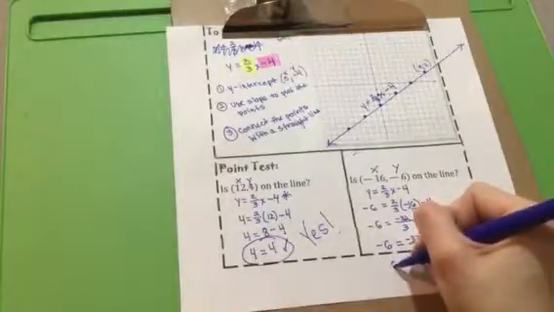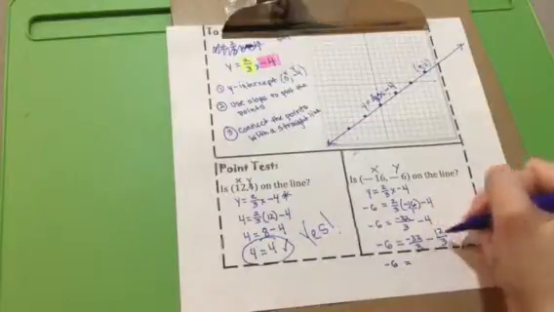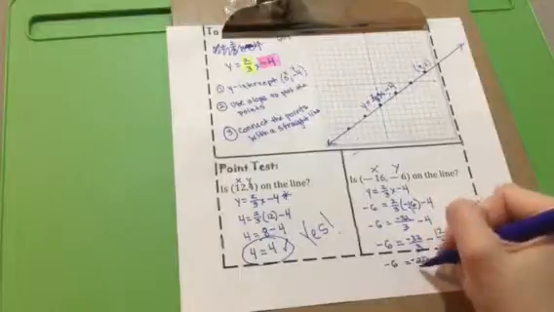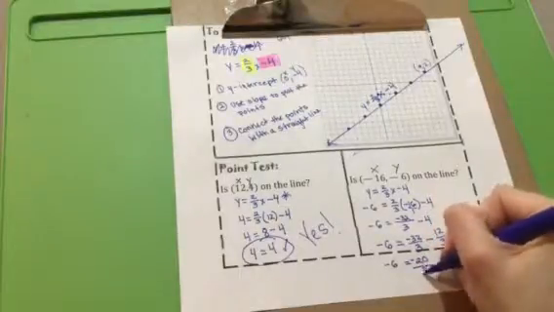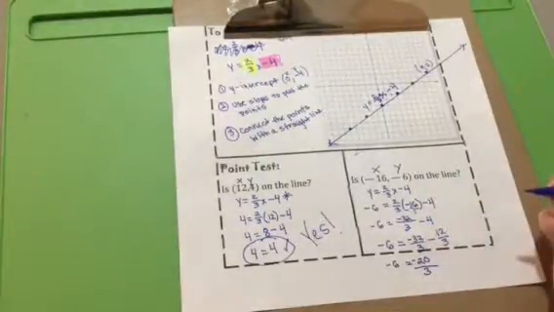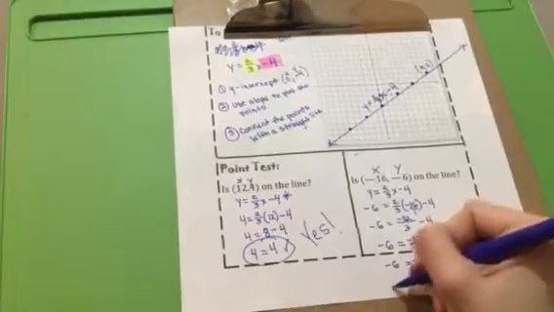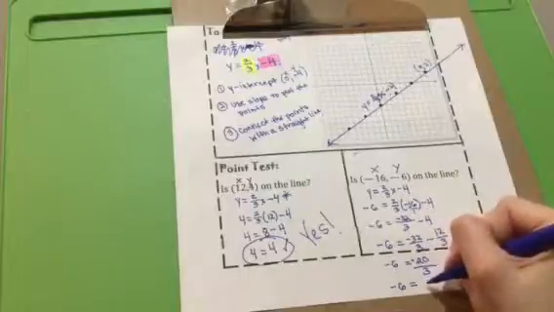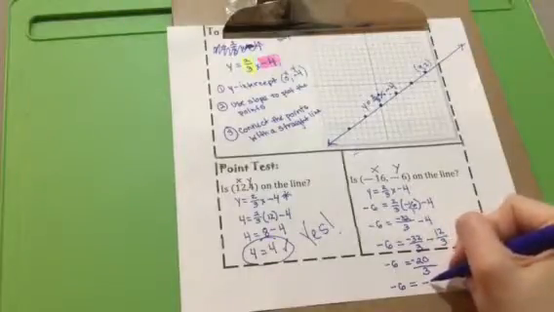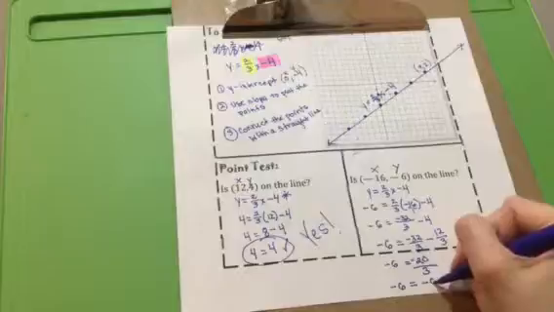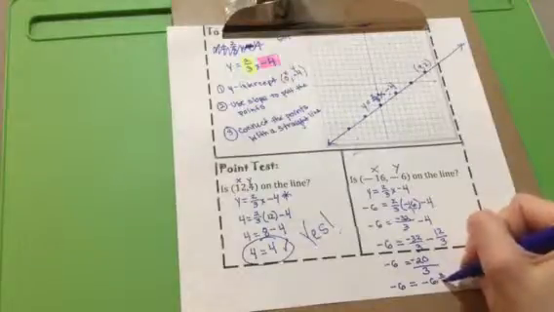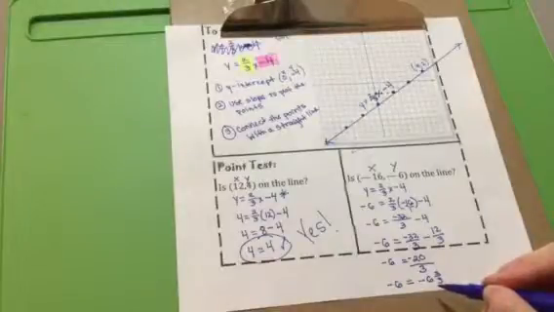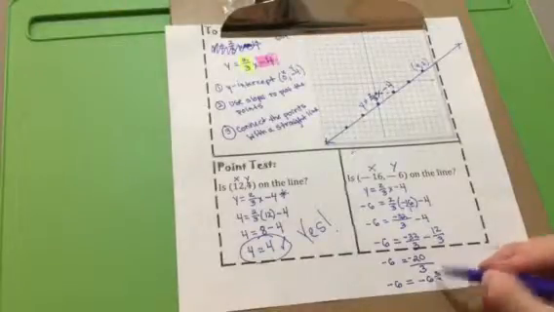So I end up with -6, and then 32 minus 12 is 20, -20, I'm sorry, and of course our denominator stays the same. If I were to plug this into my calculator, it would be -6 is equal to -6 and 2/3. They are very close in size. However, this 2/3 is still more.